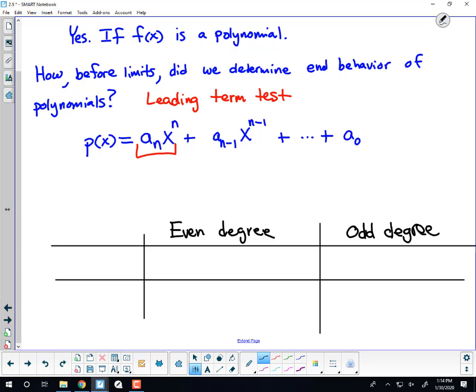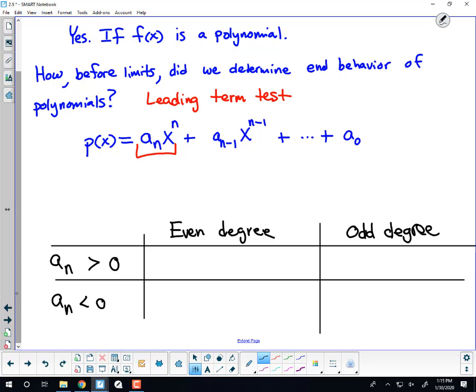So again, that leading coefficient we're just going to denote a sub n. So our leading coefficient could have been positive or negative. And then we had only 4 outcomes, 4 polynomials. Just be mindful that we are just talking about polynomials right now.